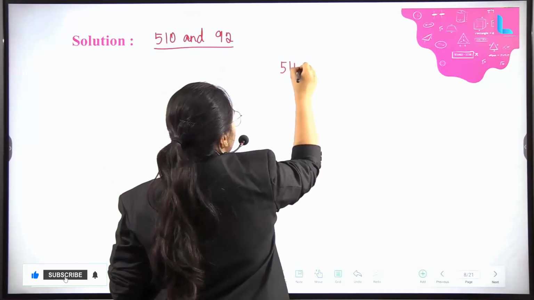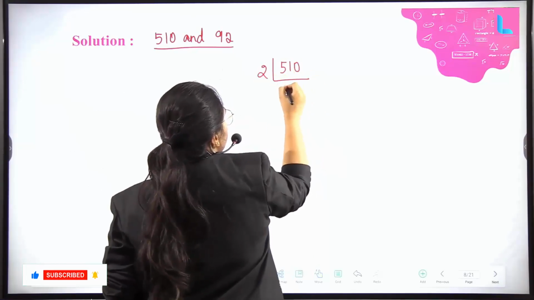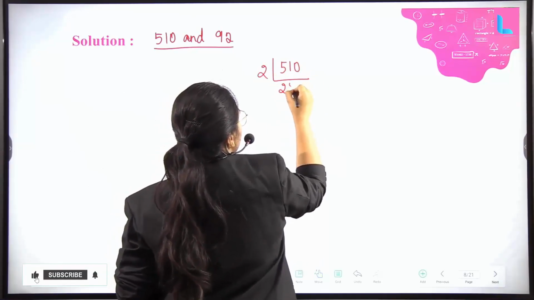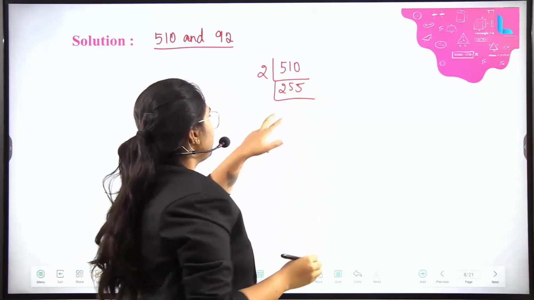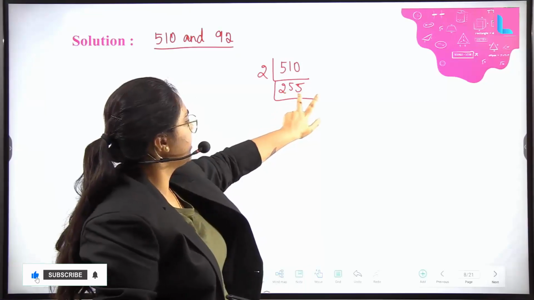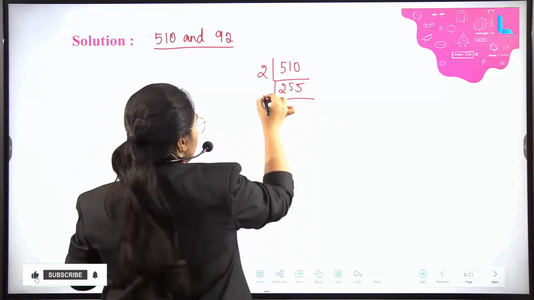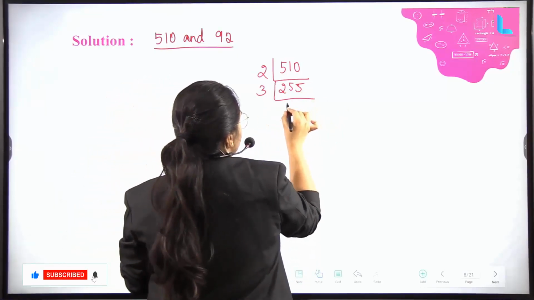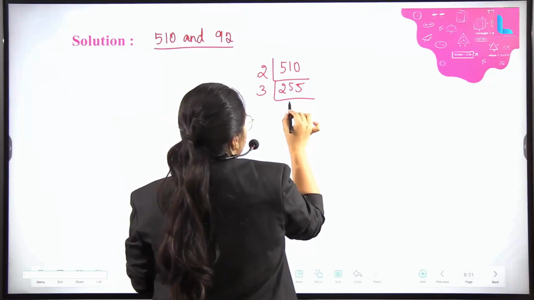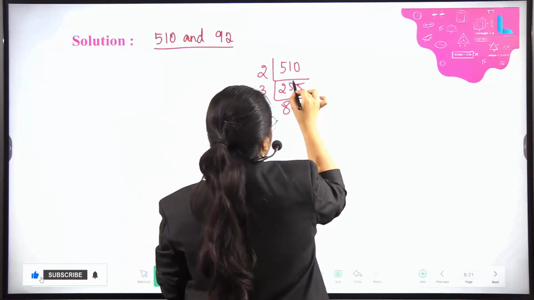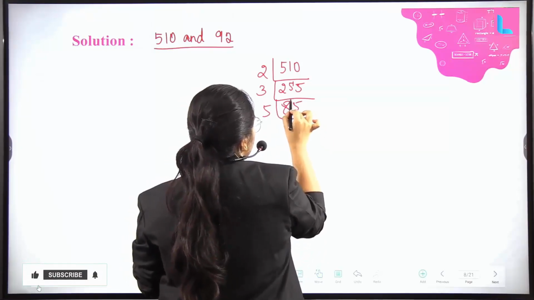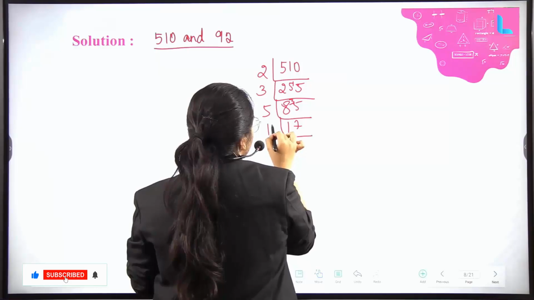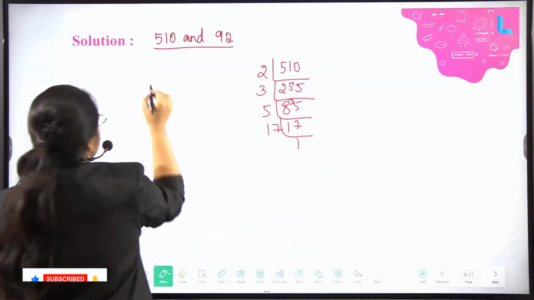So 510 divisible by 2, 2 times, 5 times, 5 times. It is divisible by 3 because 2 plus 5 is 7, plus 5 is 12. So 3 7 8 times, 5 times, 5 1 time, 17 1 time.